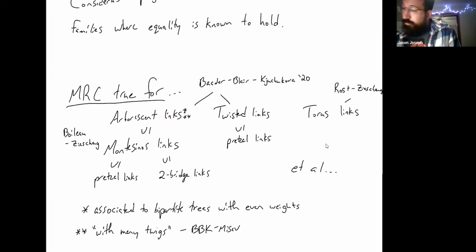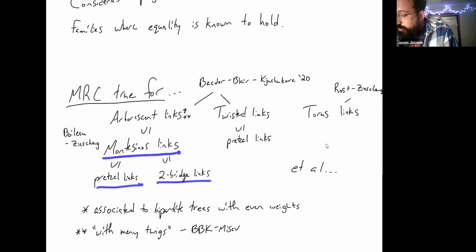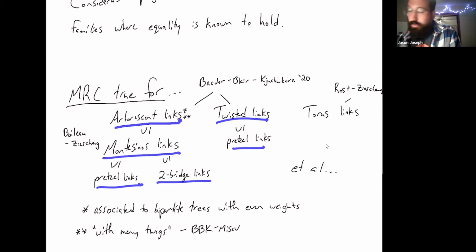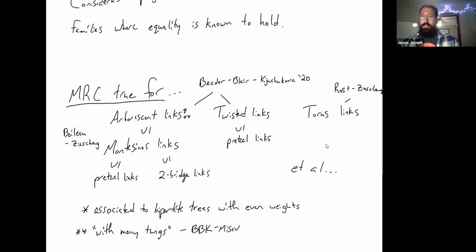It's true for 2-bridge links, pretzel links, Montesinos links, which generalize both of those, twisted links, which generalize pretzel links, and certain kinds of arborescent links. So that's what the stars are about. I'm not going to get into the details, but a lot of arborescent links.